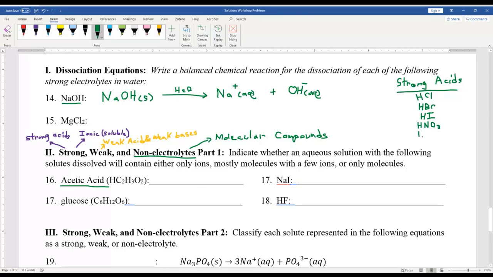HNO3, HClO3, HClO4, and the last one is the only one with 2 acidic hydrogens, and that's H2SO4, otherwise known as sulfuric acid. So HCl, HBr, HI, HNO3, HClO3, HClO4, and H2SO4.